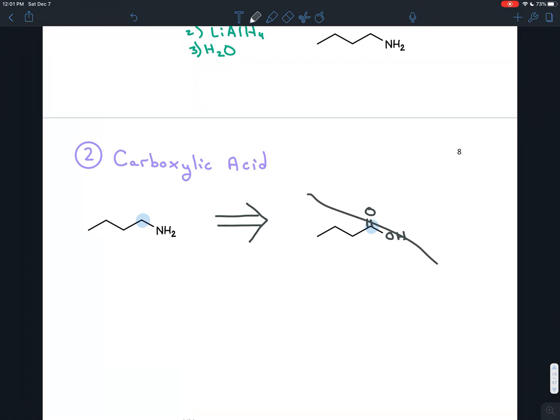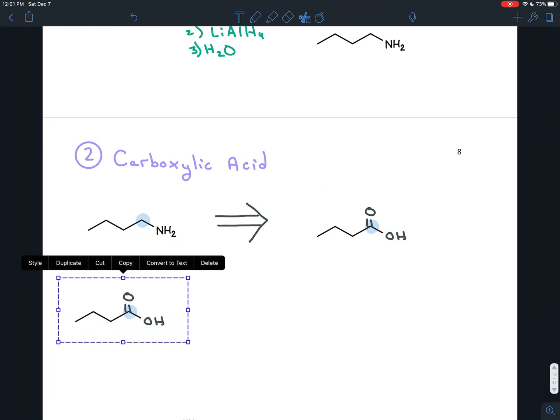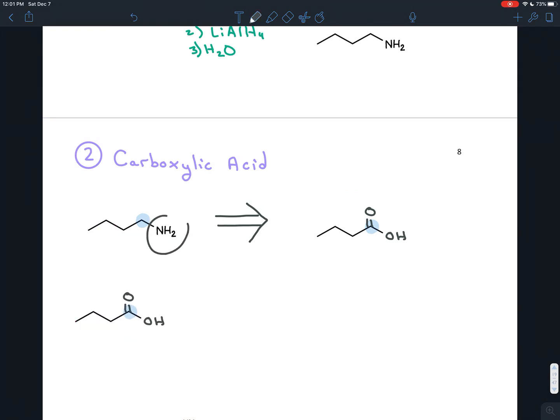Okay. Oops. Well, one thing is we have to get an NH2 there. But we can't just treat this with ammonia. We cannot just treat this with ammonia because this is a base, this is an acid, it will just do a neutralization reaction. So first we have to turn this carboxylic acid into a carboxylic acid derivative that is not an acid.